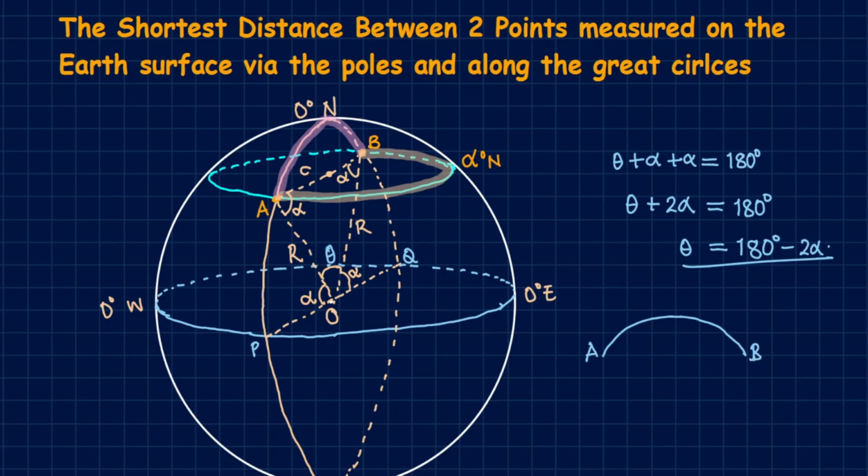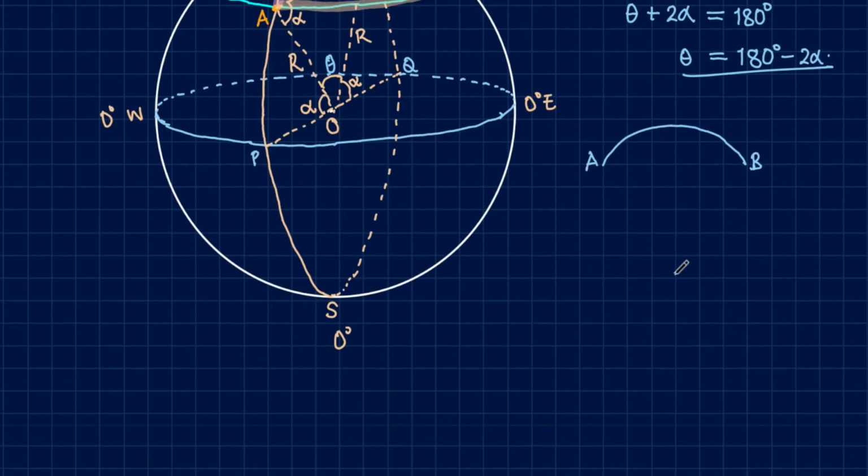Then we assume our point at the center to be somewhere here. And if we join these together, we have that. Also, we join A to the center, and our center was O. This is exactly our angle theta. And remember, this is the radius of the Earth, capital R.